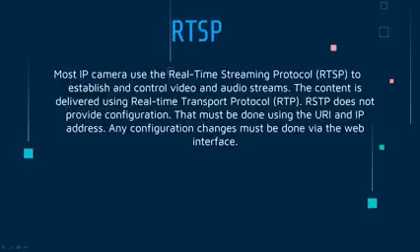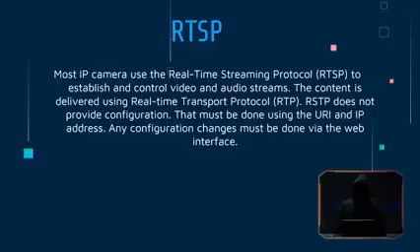So let's talk about this a little bit. What's happening is that when you try to log into one of these cameras, it's generally going to be on port 80 or 443, and you're going to get a login interface. But when you start streaming the video, it's going to use RTSP over port 554.